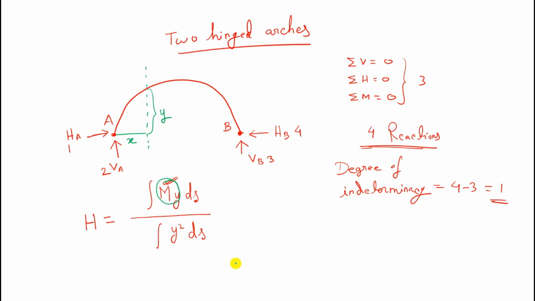So the relation between x and y is y equals 4h by L square into x into L minus x. This is the formula.